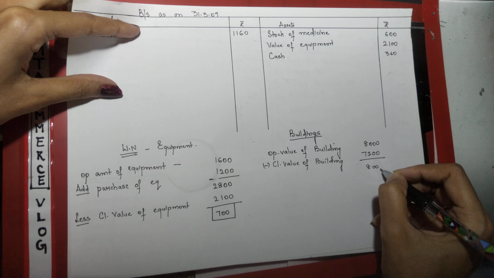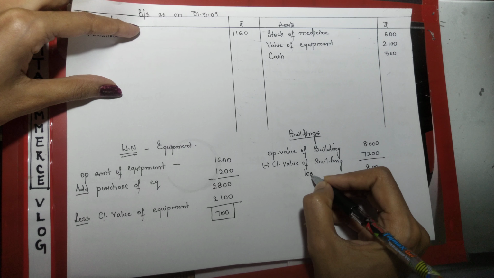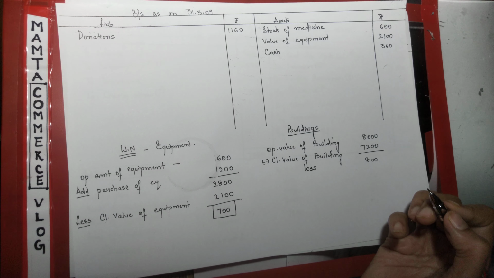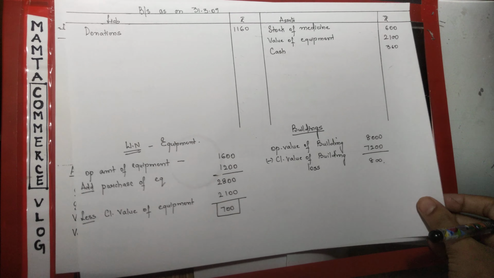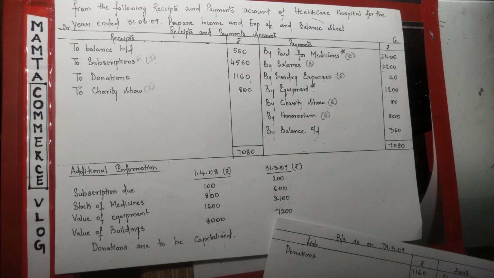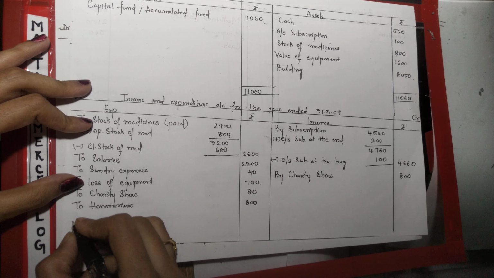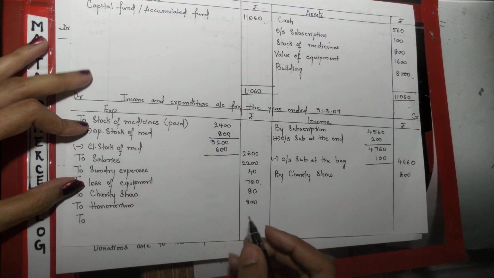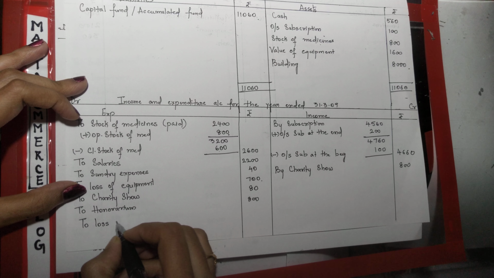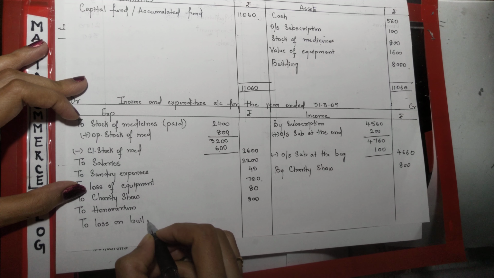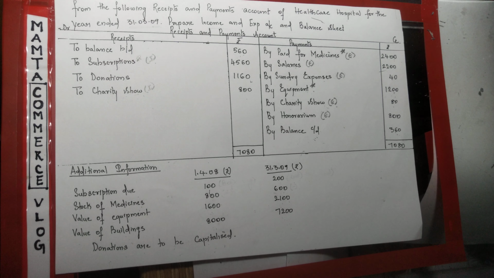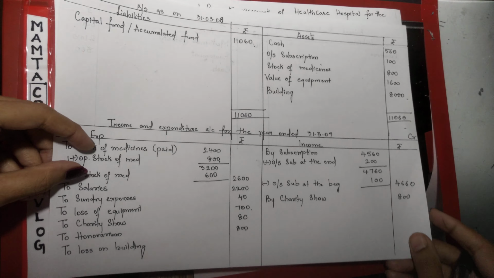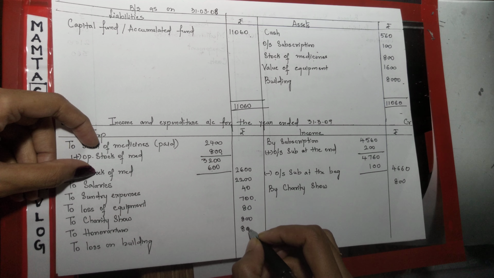So there is a loss of 800, and this loss we will write on the debit side of the income and expenditure account, because we debit all expenses and losses. So here on the debit side I will write to loss on building. How much did we get? We got 800 rupees.